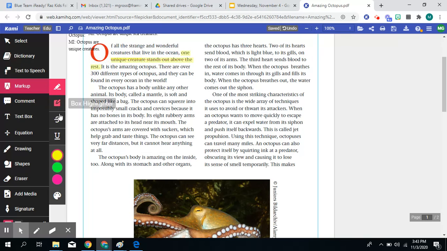So that gives me a clue that that could be a main idea. I see some words that connect to it, like strange, wonderful, amazing, different. So those words all make me think that this could be a main idea, that octopus are unique creatures.